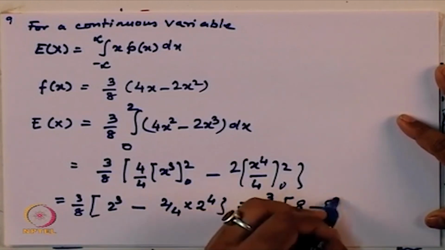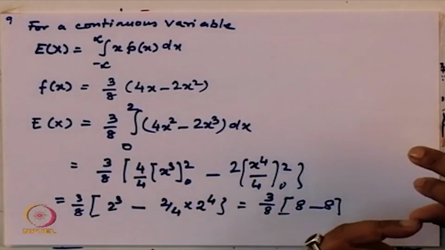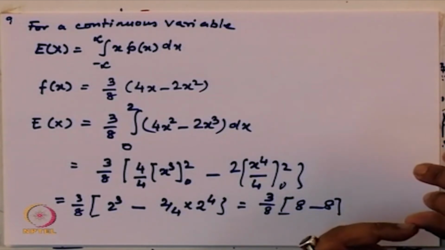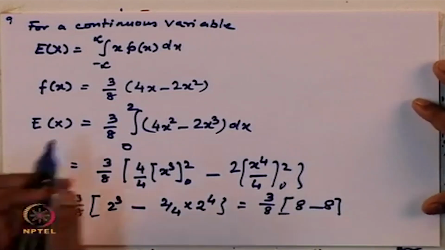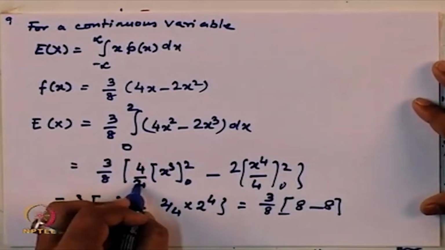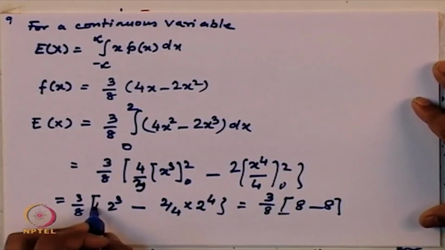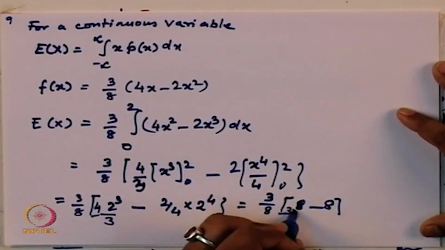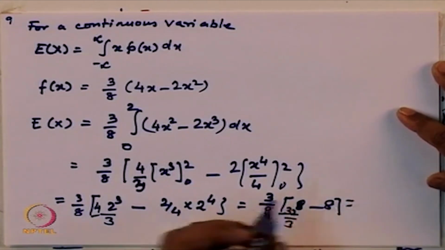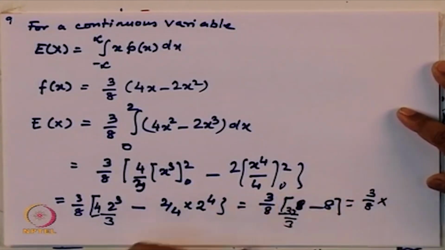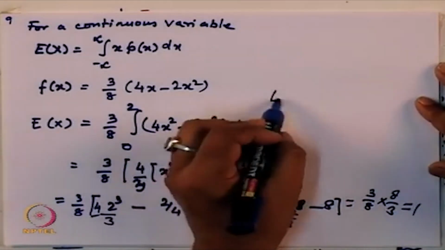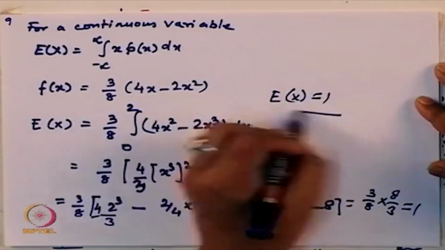So, basically 32 by 3 minus 8, is 8 by 3, and 3 by 8 into 8 by 3 is equal to 1. So, for this particular distribution, your expected value is 1.